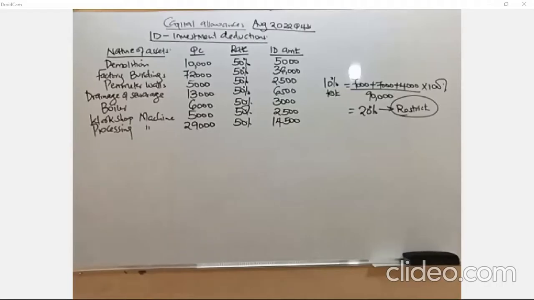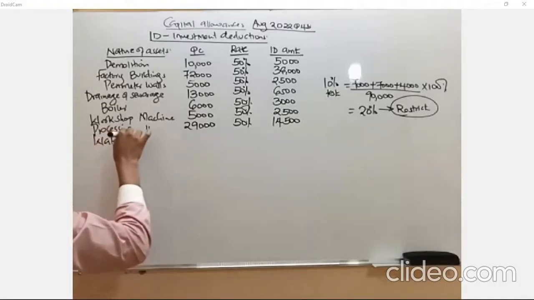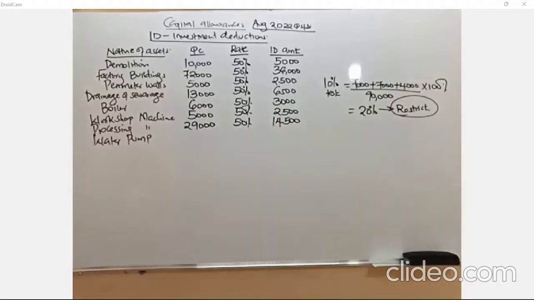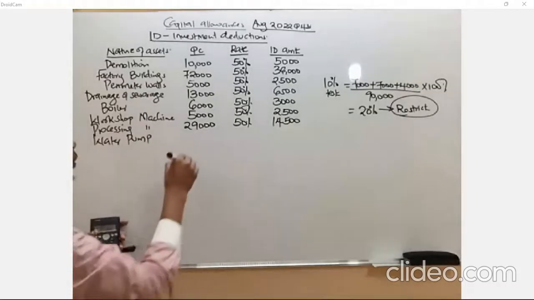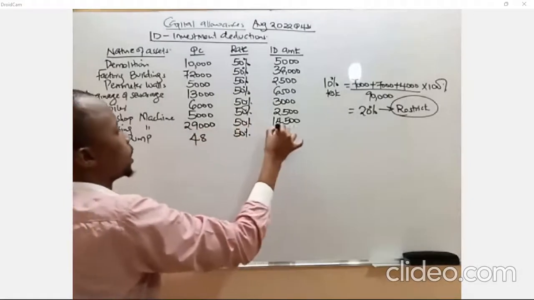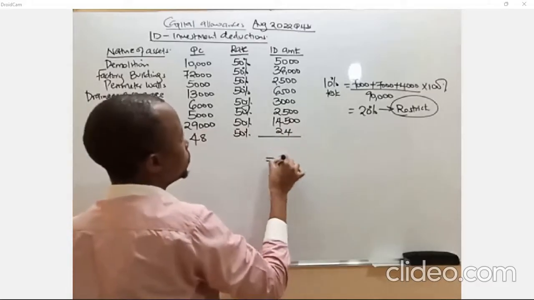Yes, we have water pump here. There is a water pump which was purchased. So how much is the water pump? You'll be able to realize the qualifying cost for that water pump is 48, 50%. Here we put 24. What is the total IBD now? Total.